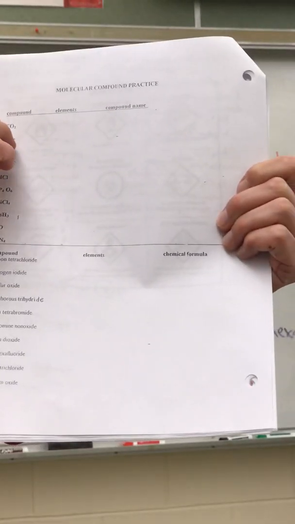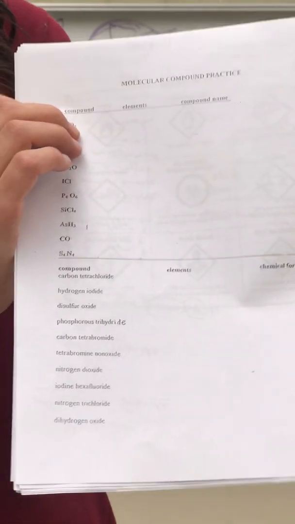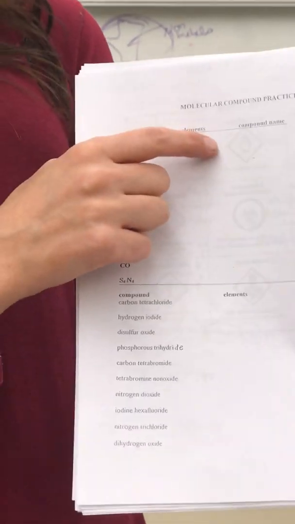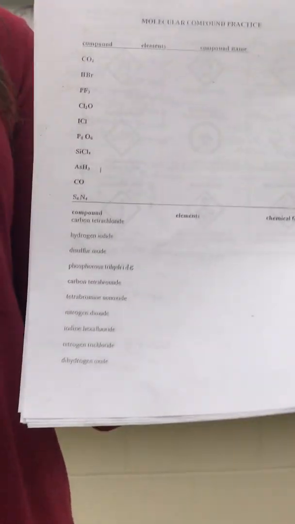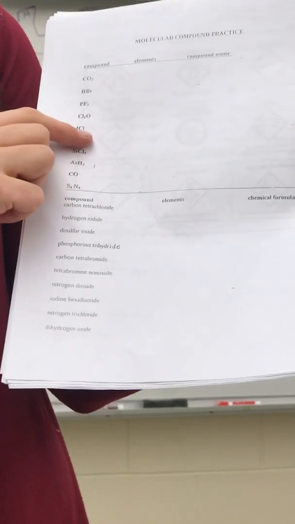In the chart that has no lines, it's asking you what the elements in that compound are. So in carbon dioxide, it wants you to actually write carbon, oxygen, and then put them together in the compound name, to separate out a step for you.